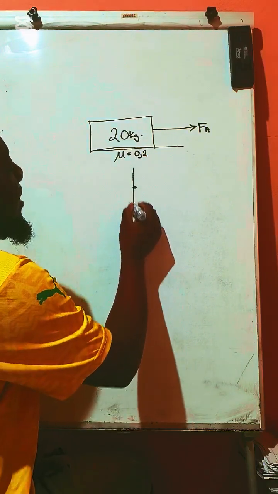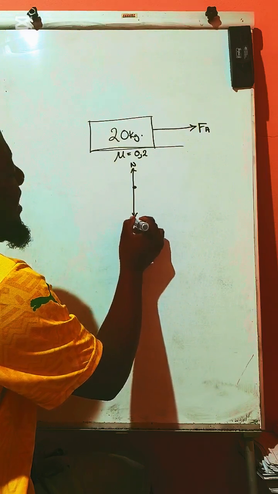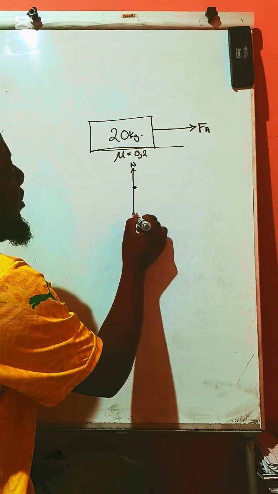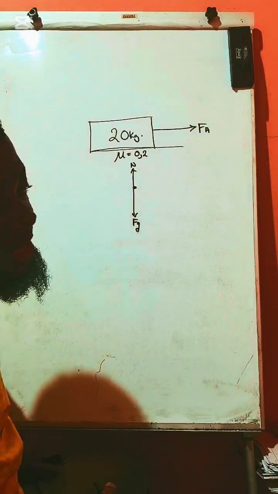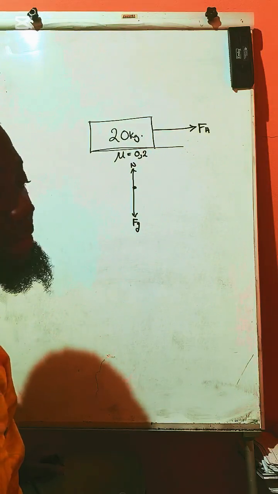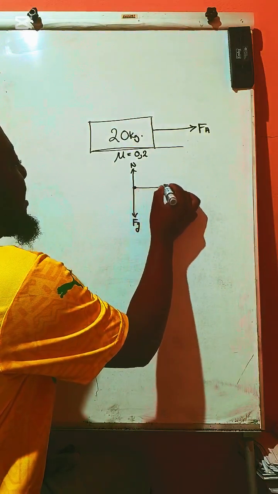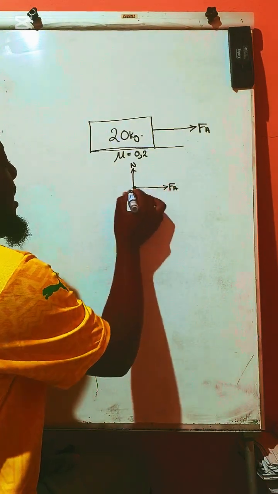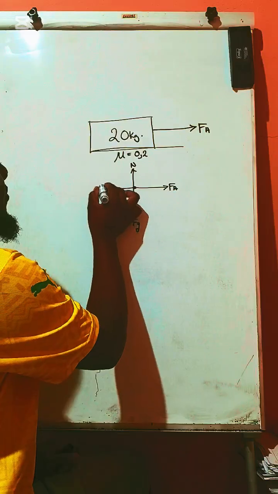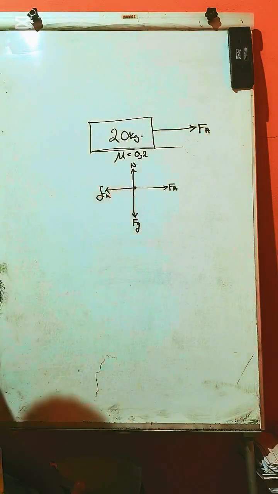Most definitely, you are going to have the normal force that is perpendicular to the surface, and Fg, which in this case is also perpendicular to the surface, so they don't have an effect on the upward and downward movement of the object. Then in this direction, there's the force applied, and in the opposite direction, frictional force, which always opposes the motion. That is our free body diagram with 4 marks.